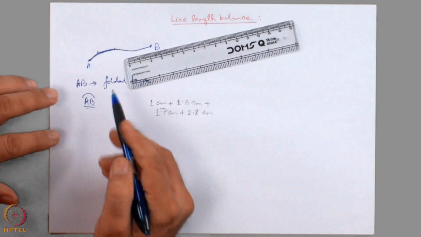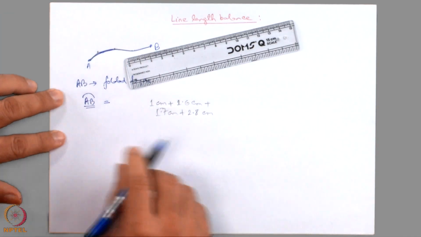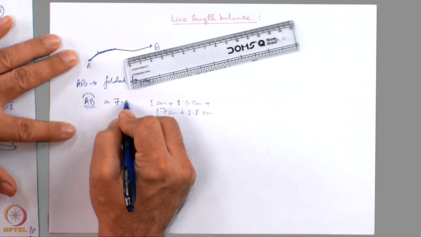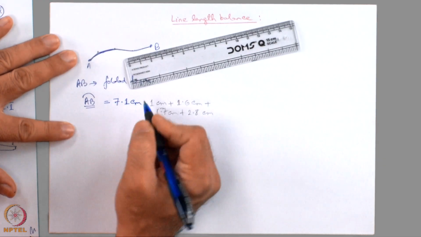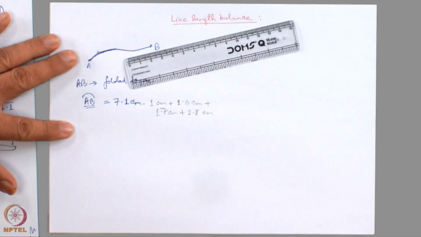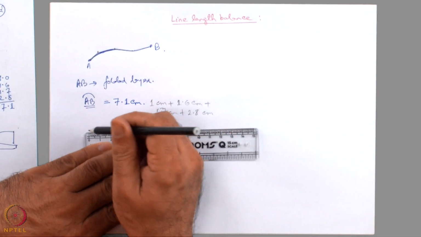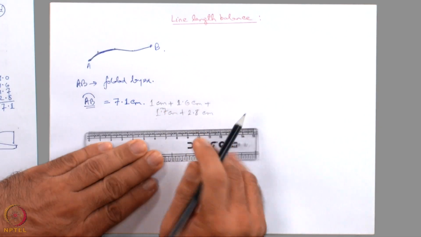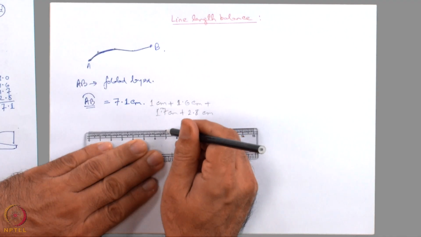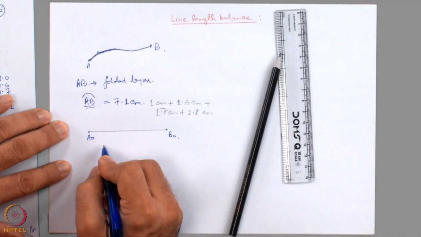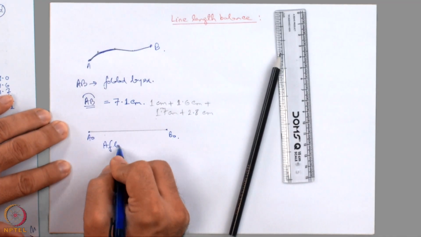Therefore, the curve AB length is equal to 7.1 centimeter. Before deformation, the AB curve line is expected to have a length of 7.1 centimeter. This is after restoration.